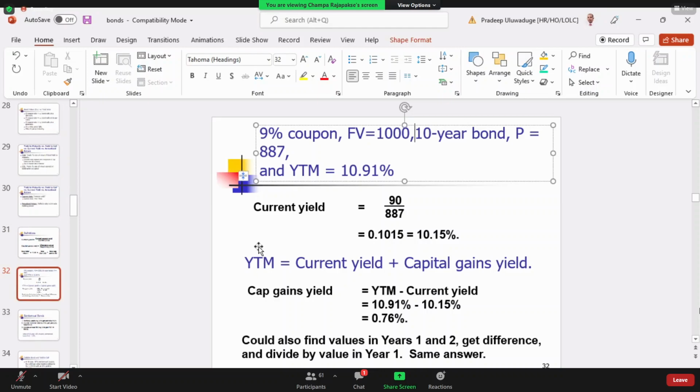Now we know yield to maturity is given. We have already calculated it. So one of you gave me the answer 10.91, which is very correct. So yield to maturity is 10.91 and we know the current yield. So YTM equals current yield plus the capital gain yield.